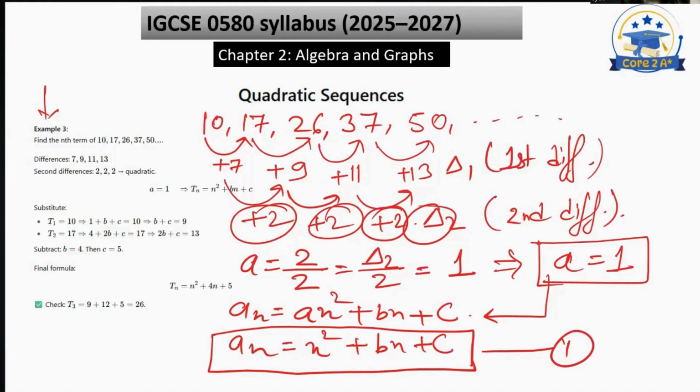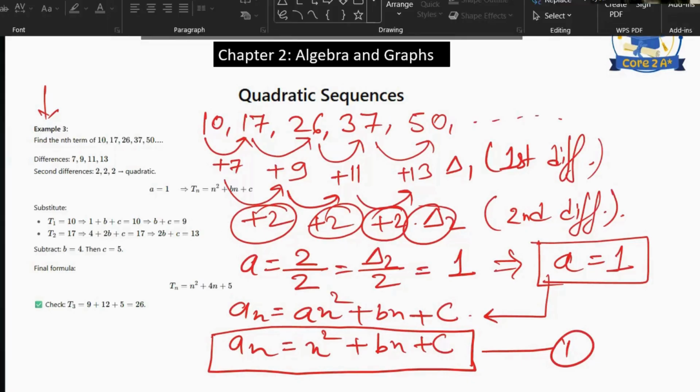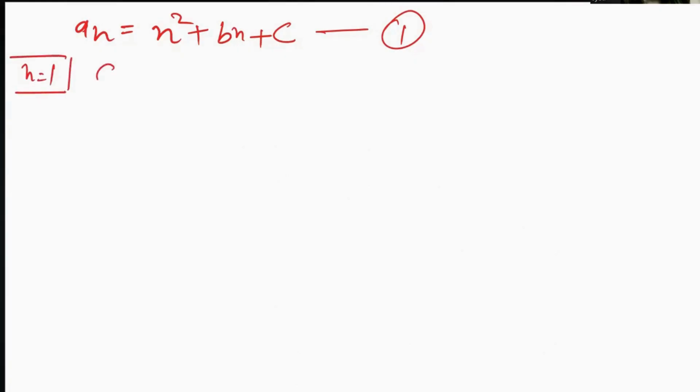Now, let's solve. An equals n square plus Bn plus C. This is your very important equation. Now put n equals 1. A1 equals 1 square plus B plus C. And A1 is what?